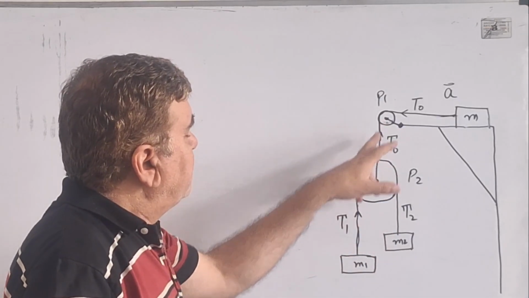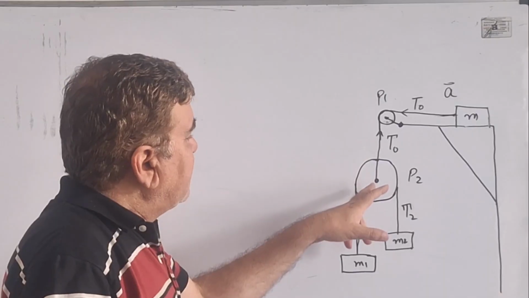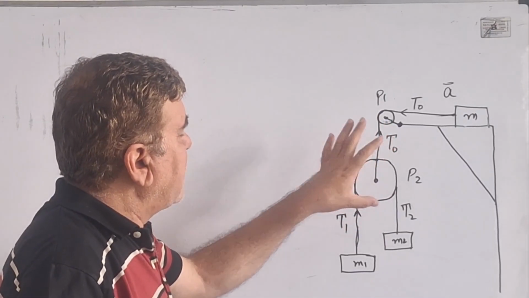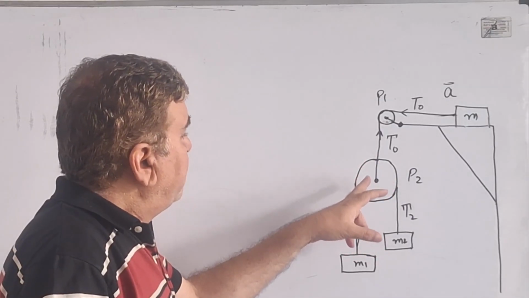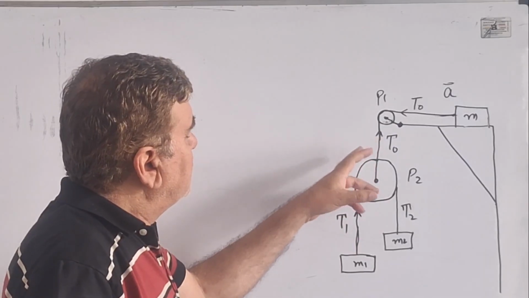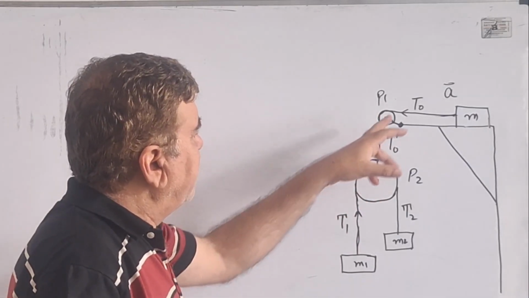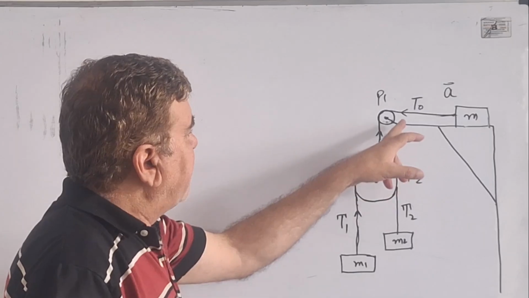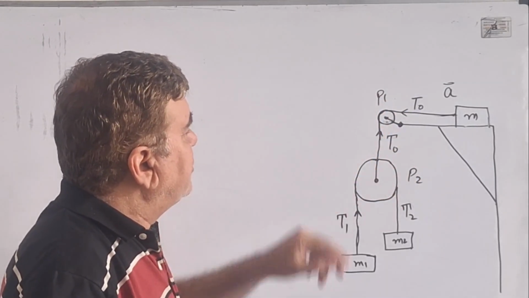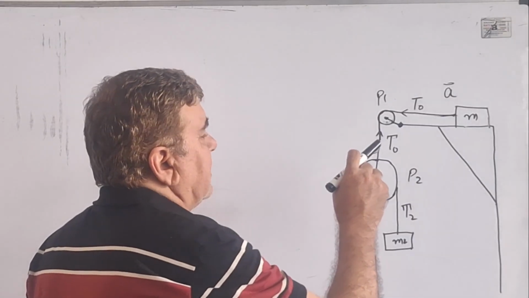And similarly, if the pulley is massless, it means its moment of inertia is zero, and when the moment of inertia is zero, that means the two pulleys just change the direction of tension on both sides, and the magnitude of the tension on both sides is the same.